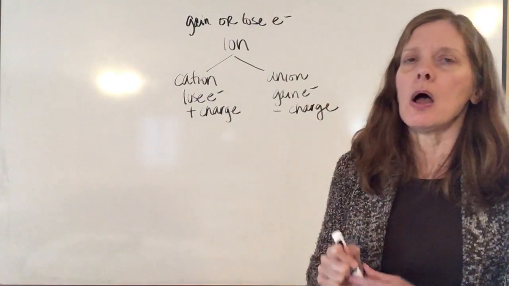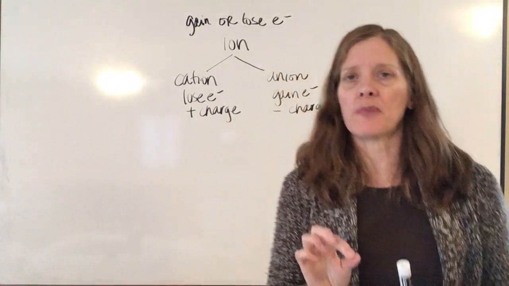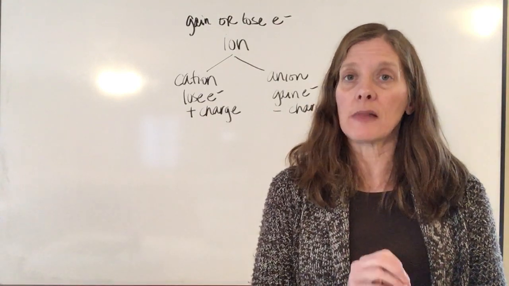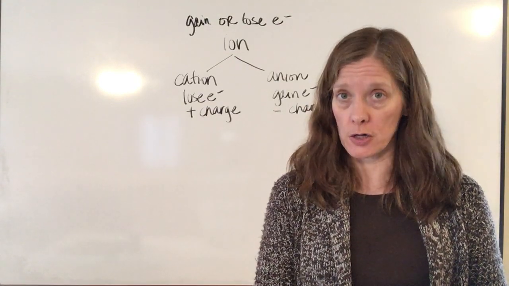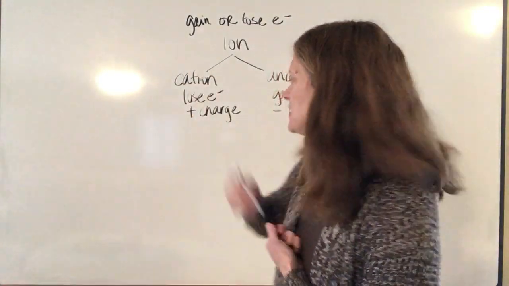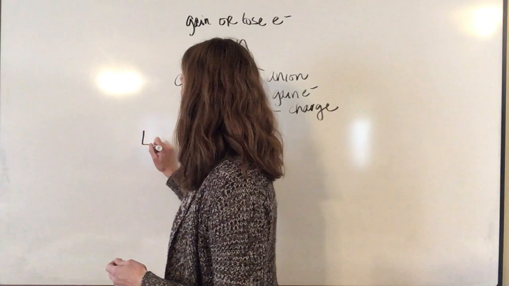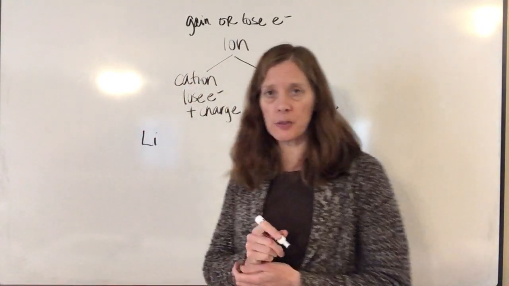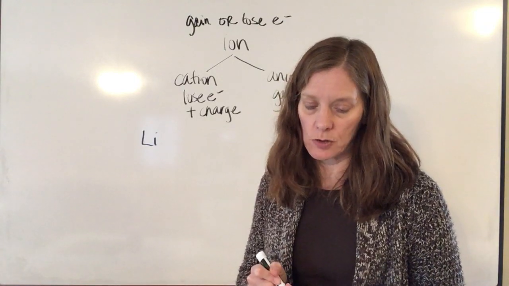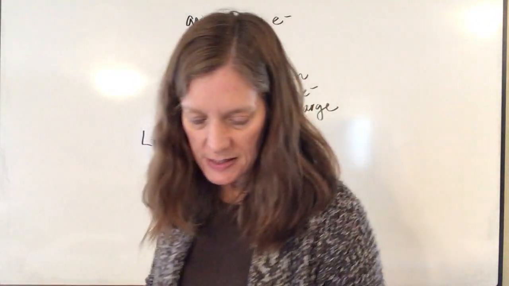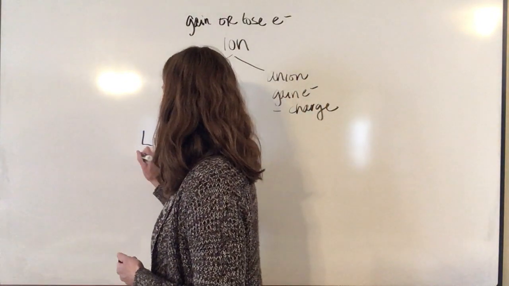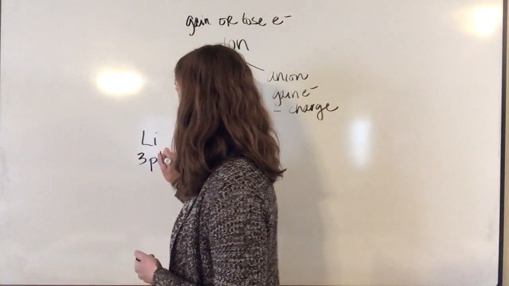Okay, so the thing to remember about formation of ions is that you're gaining or losing electrons, and electrons have a negative charge. So let's do an example, so hopefully that will make a little bit more sense. Let's take lithium. If you look at the periodic table, lithium is on the left-hand side in the second row, and you can see that lithium has 3 protons because its atomic number is 3.